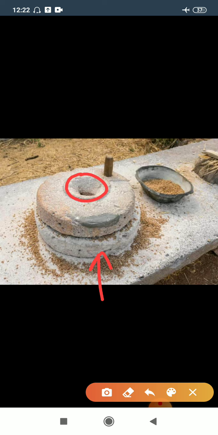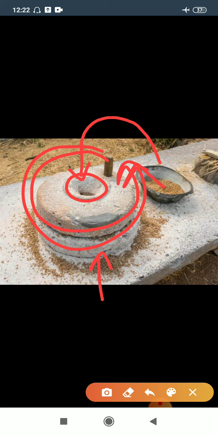Now you can see one hole is given. With the help of this hole, the food grains enter between the rocks. When we move the upper rock with the handle in this direction, the grains are crushed and converted into fine wheat flour.